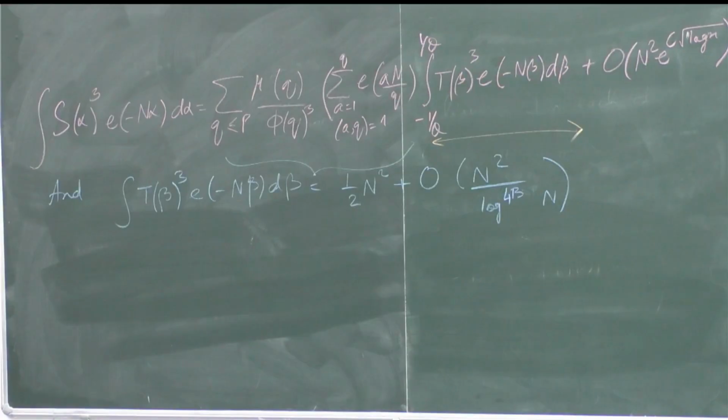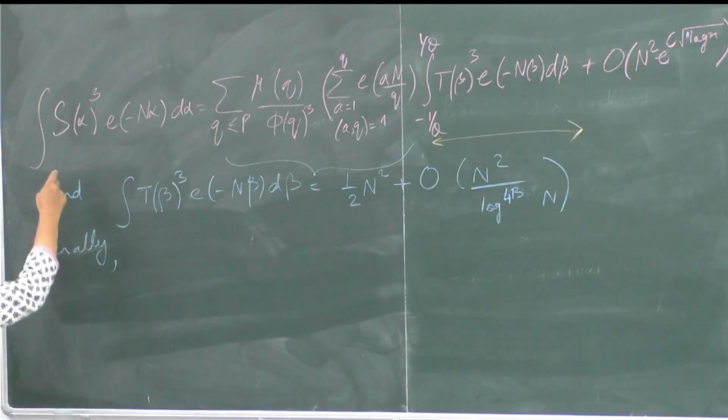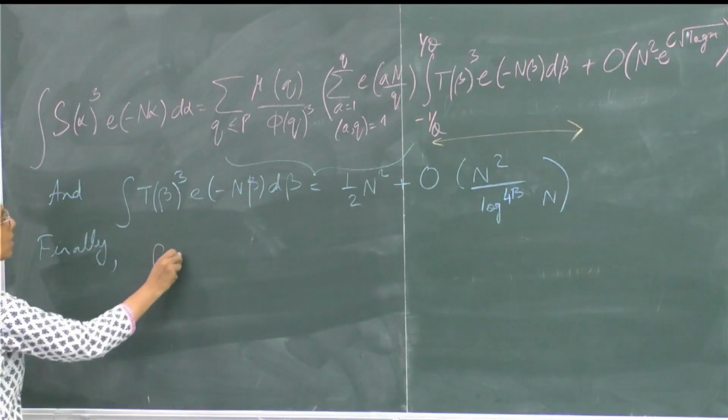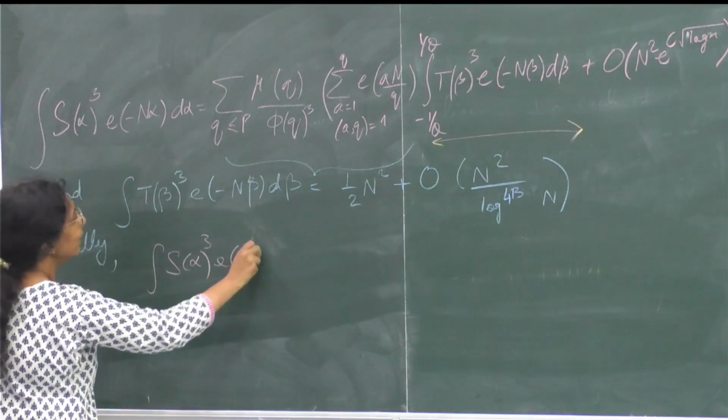So now let's go back and put all this back into the fixed formula. Then S alpha cube, exponential minus n alpha, we'll write it again in pink.